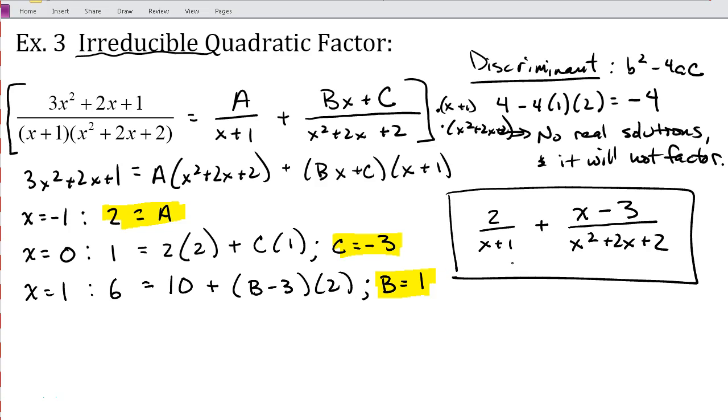So similar process, you just have to be careful that when you have these quadratic denominators, the degree of the numerator is linear, degree 1, instead of degree 0.